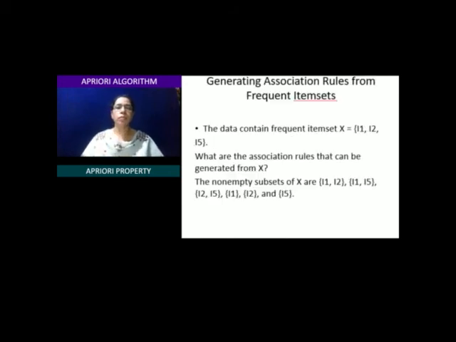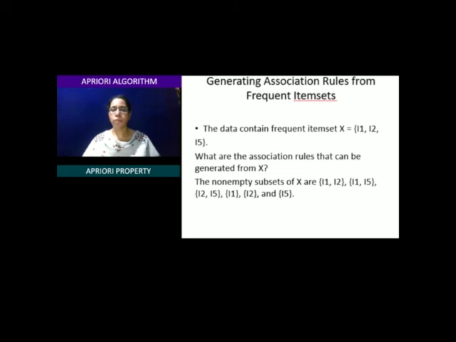Now, generating association rules. Once frequent item set generation is complete, we can find association rules from all the frequent item sets. We have two frequent item sets in L3. One is I1, I2, I5. The non-empty subsets of X are I1, I2; I1, I5; I2, I5; I1; I2; and I5.